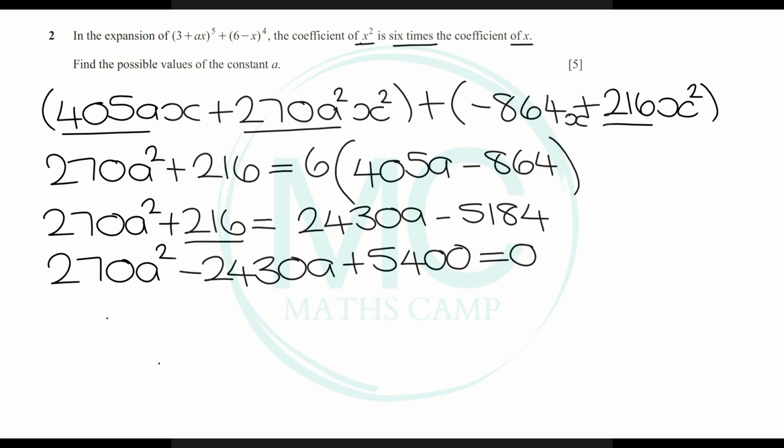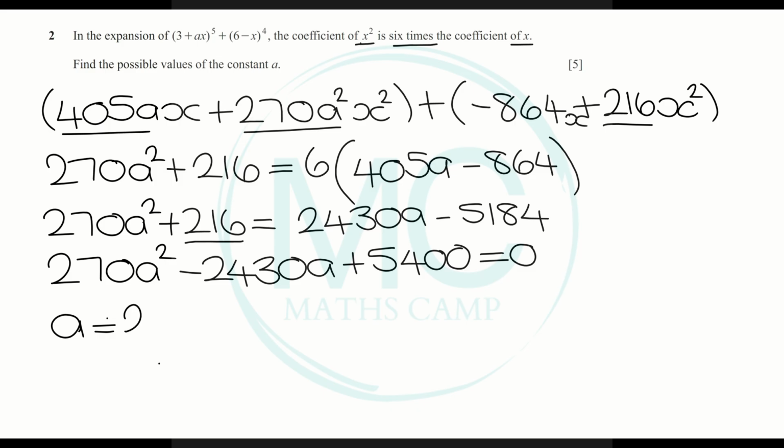In your exam, you do not have a lot of time. So because we're working with such big values, do not try and simplify this equation. You can put this straight into the quadratic formula. So you can say that a is equal to negative b. b is negative 2,430.